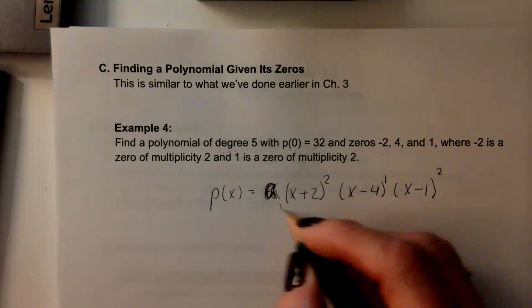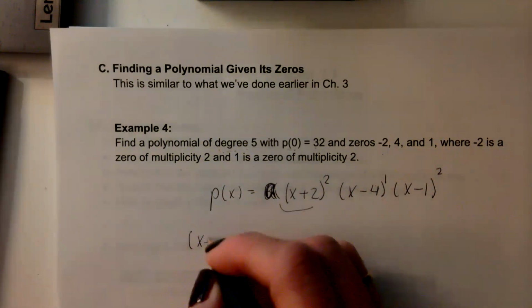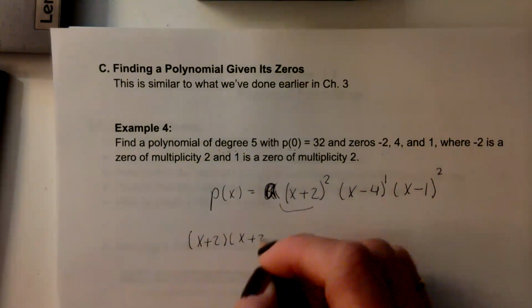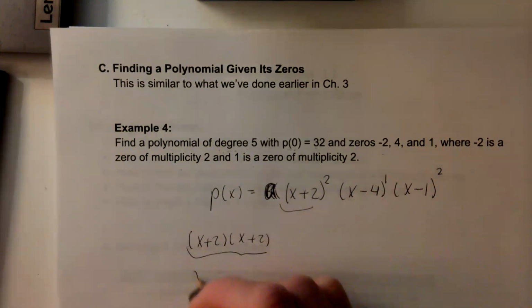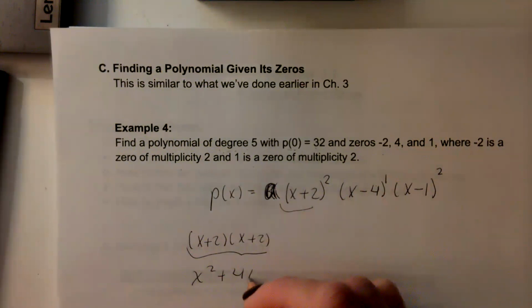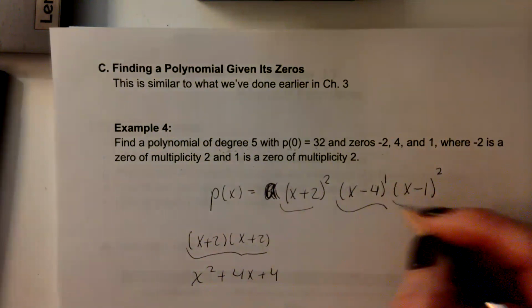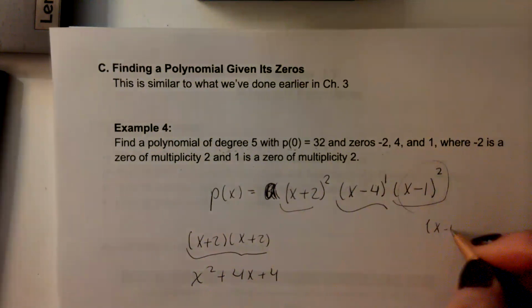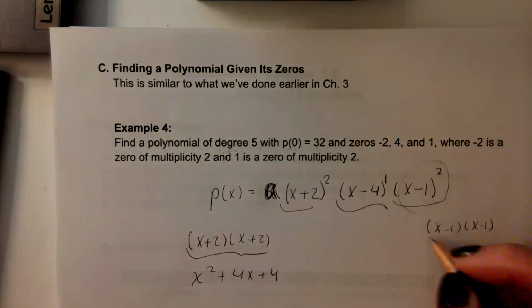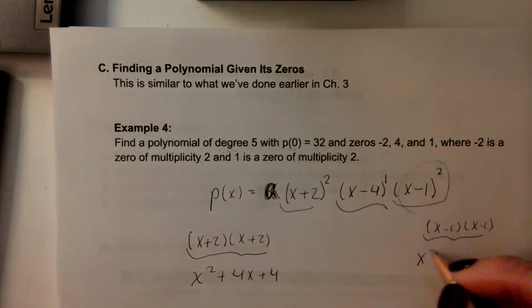So I'm going to multiply x plus 2 times x plus 2, and that gives me x squared plus 4x plus 4. And then I'm going to multiply x minus 1 times x minus 1. That gives me x squared minus 2x plus 1.